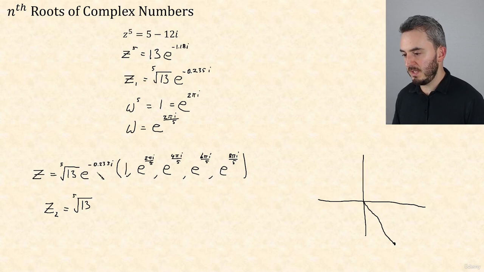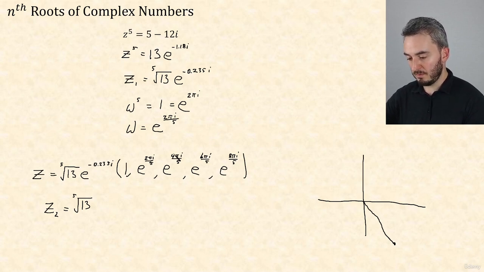And then what is it? It's e to the power of this times e to the power of this. So I'm taking that minus 0.235 and I'm adding 4 pi over 5. When I do that, I get 2.278. So that's e to the 2.278i.